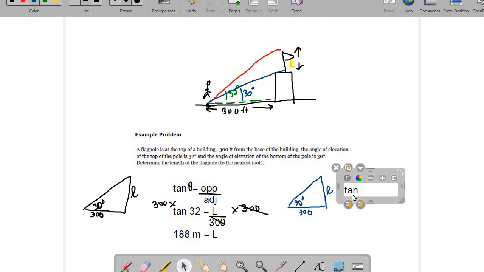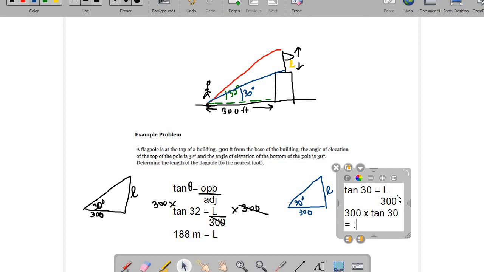The reason is that you're given the opposite and adjacent. So I'm just going to go ahead and substitute the values. It's going to be tan 30 is equal to L over 300, so opposite over adjacent. We have to multiply again to get rid of the 300, so that would give us 300 times tan 30 on the other side.